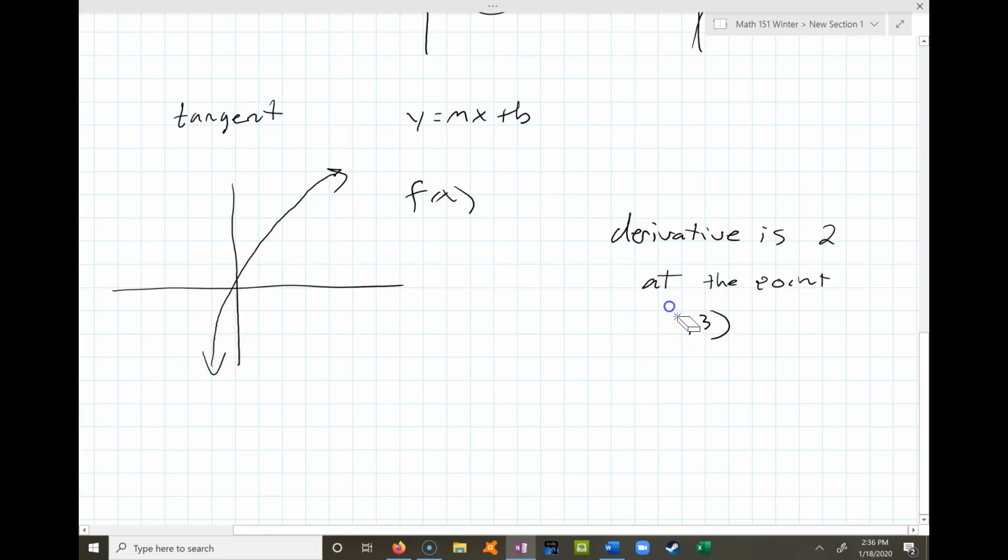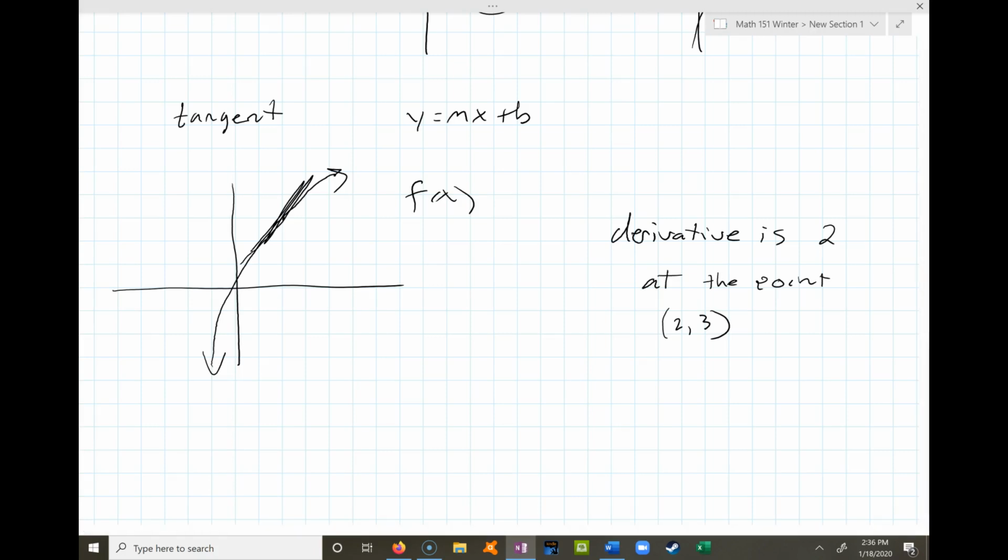Okay, so if I tell you the derivative is 2 at the point 2, 3, then I ask you to write the equation of the tangent line at that point. So that means we're going out here to this point and we're drawing a tangent line, right? A line that's basically representing the slope at that point.